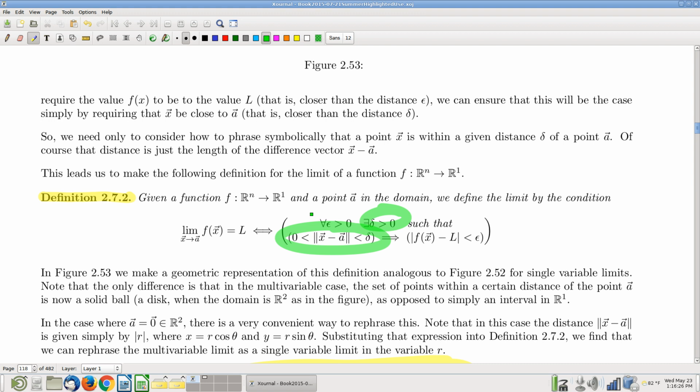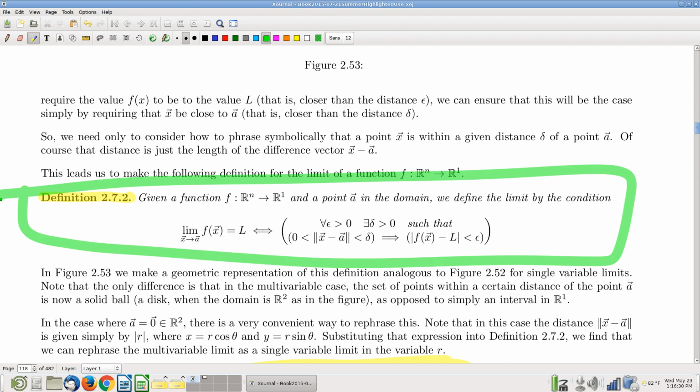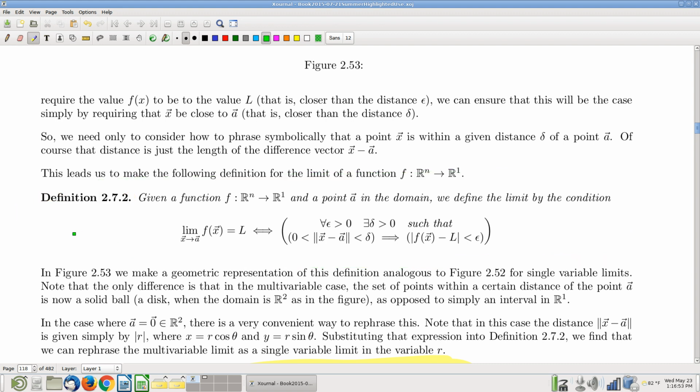So note the familiarity of what this definition ends up looking like. It cosmetically looks exactly the same. The only difference is that instead of an absolute value, now it's a magnitude of a difference vector, instead of absolute value of a difference of scalars. So very similar definition, very similar motivation, and it's similarly practical.